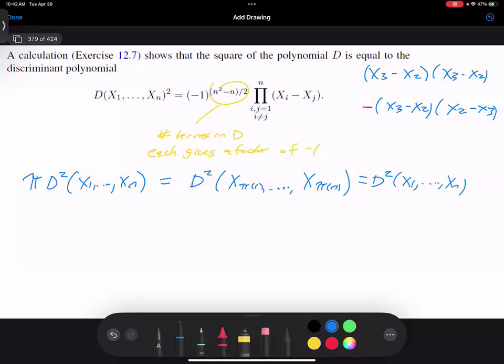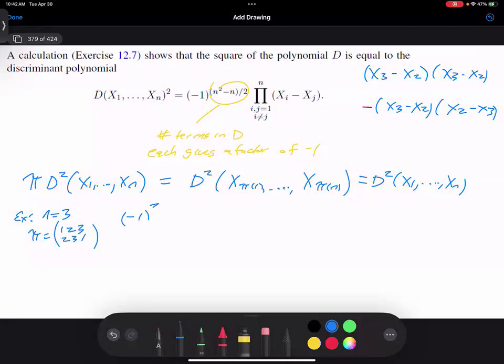For example, you can go through and see what would happen if I have n equals 3, and let's take pi to be a cycle: 1, 2, 3 goes to 2, 3, 1. So I would have negative 1 to the (3 squared minus 3)/2. 9 minus 3 is 6, divided by 2 is 3.